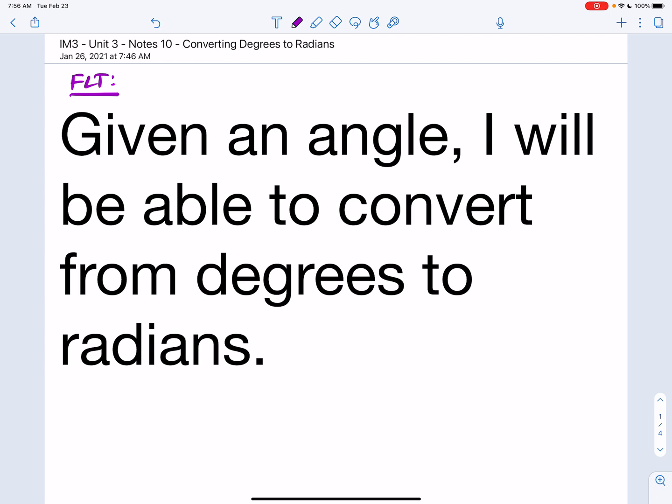We also introduced special right triangles, the 45, 45, 90 and the 30, 60, 90. And then we figured, well, if the angles aren't special, what do we do? That's where trigonometry comes in, where we learn about sine, cosine, and tangent, and SOHCAHTOA to remember the ratios.